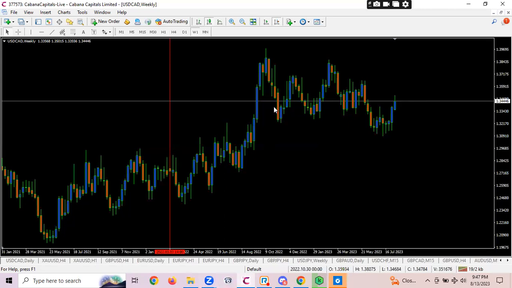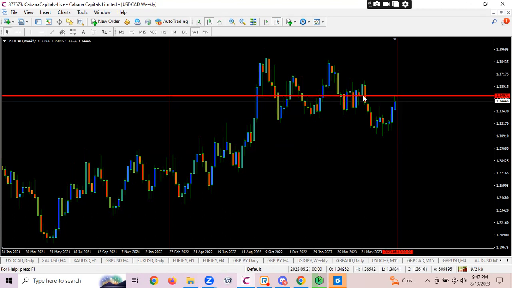You see what we have on USD CAD? We had a previous support at this level, which became a resistance. So price tested that level. There was a rejection from that level. Price pulled back from that level.